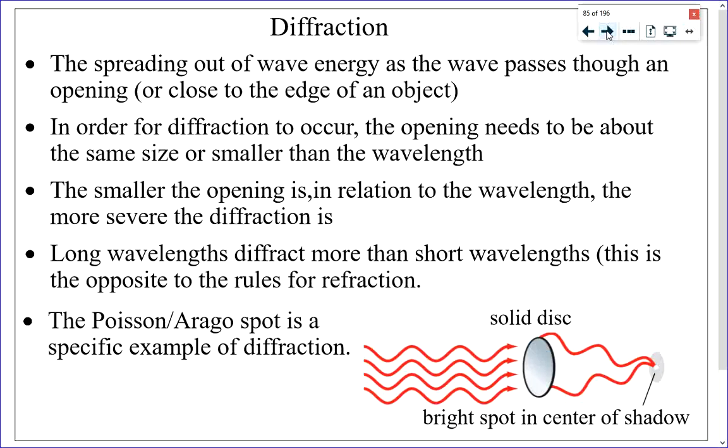They will curve around the edge of the disk, and they meet at some common point, producing a bright spot due to constructive interference. And that bright spot is an example of interference. This diagram and this concept of the Poisson spot, or what we call the Arago spot, is really evidence for light being a wave.